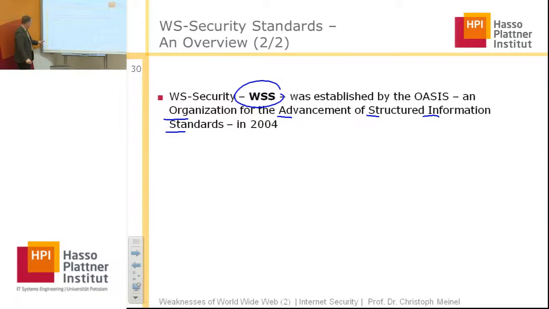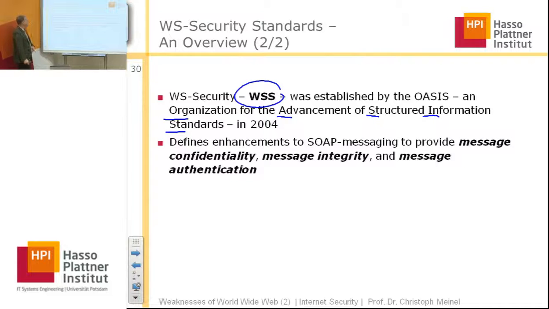So it's almost 10 years now in place, and it defines enhancements to the original idea and original mechanisms of service-oriented architectures, to the SOAP messaging. The kernel of the service-oriented architecture is this communication protocol, the SOAP protocol, and so these web service security standards provide message confidentiality, they provide mechanisms to guarantee message integrity and message authentication.